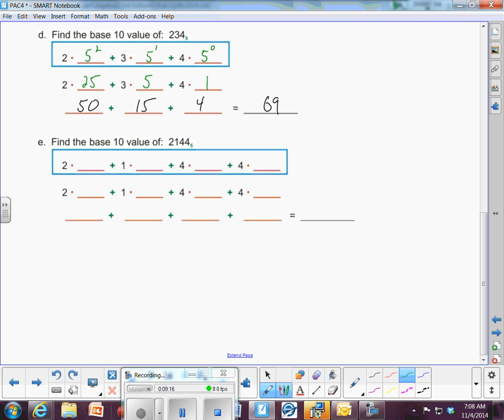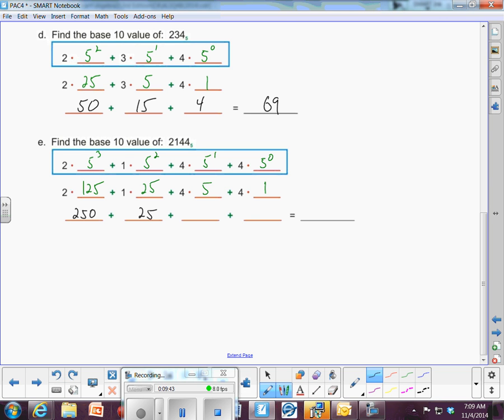Okay, so again, start at the right. 0 is first. 1, 2, 3. Let's figure out those values. Right to left sometimes works better. This is a 1. It's a 5. 5 squared, 25. 5 cubed, 125. Hopefully you finished it off correctly. This is a 250.